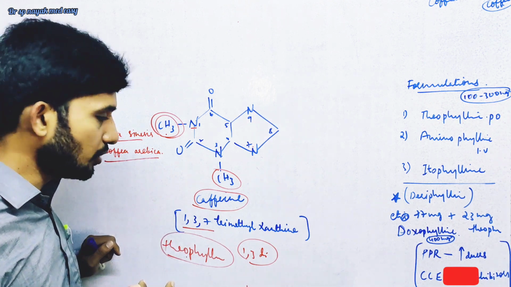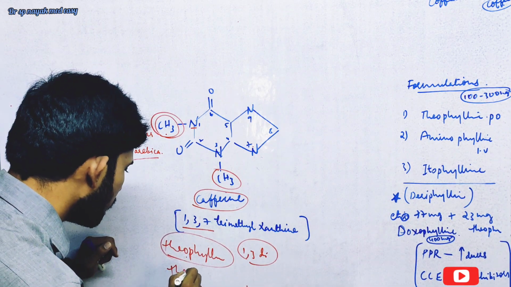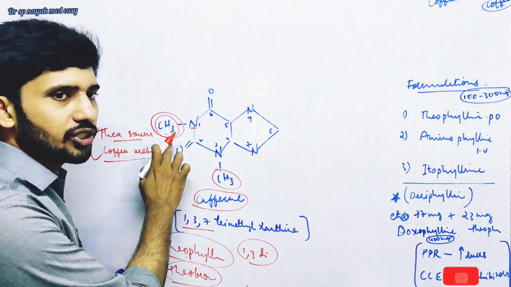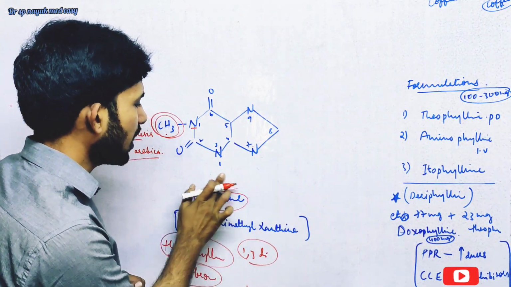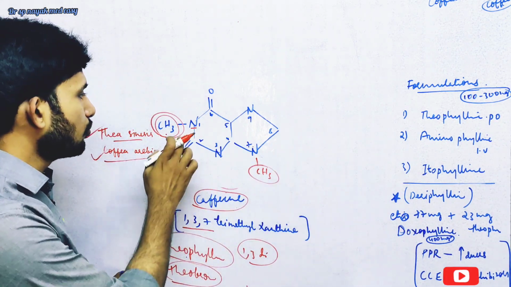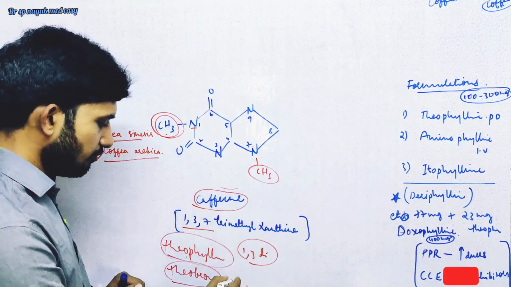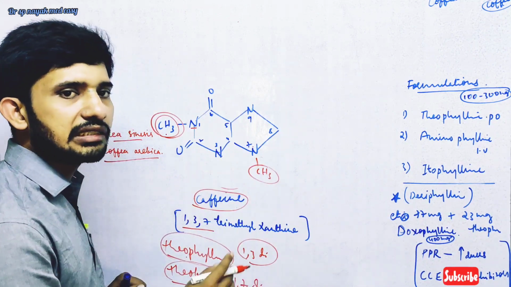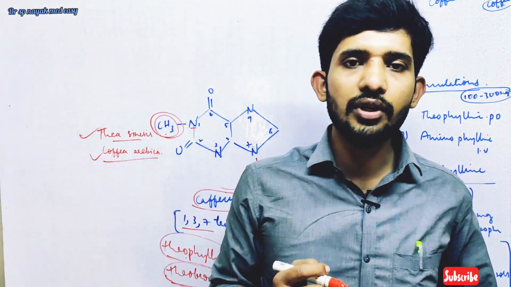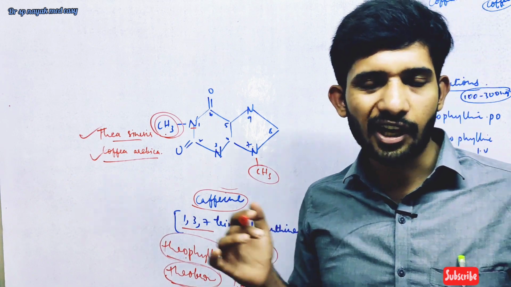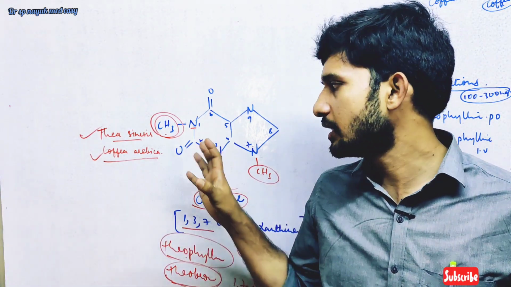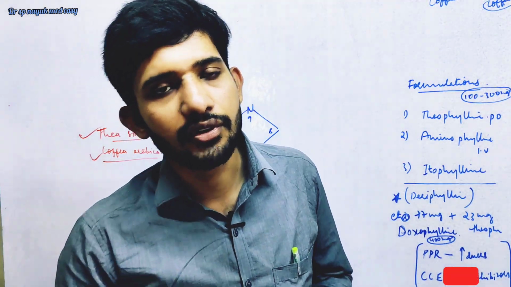The third molecule is called theobromine, in which on the first position and on the seventh position we have two methyl groups. So 1,7-dimethylxanthine is called theobromine. Theophylline, theobromine and caffeine are three different naturally occurring methylxanthines which are usually present in tea and in coffee seeds.